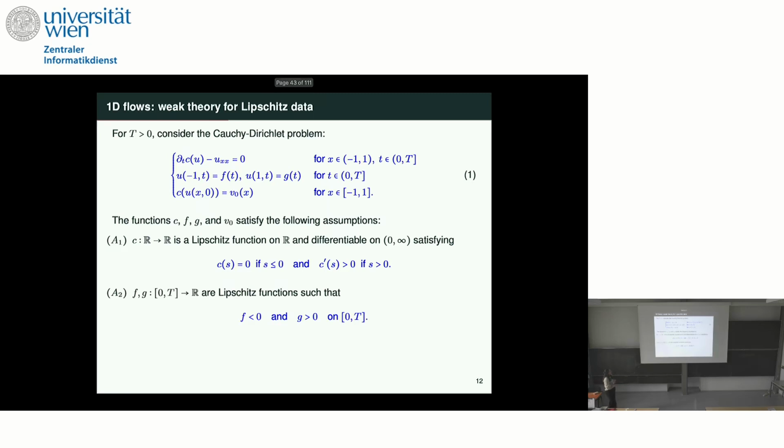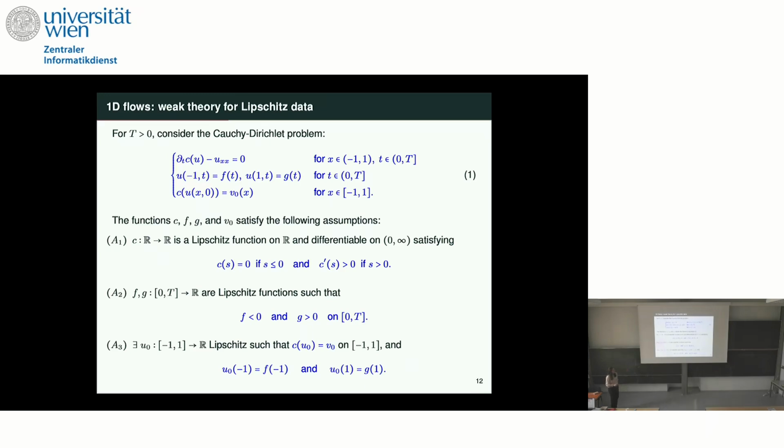The functions f and g, the boundary data, are going to be Lipschitz and satisfy this sign condition. Again, the sign guarantees that there will be an elliptic and a parabolic phase, okay, and they coexist. And then for the initial condition, we're going to assume that there is a Lipschitz function U0 that satisfies this condition, doesn't have to be unique, and it attains the boundary data.